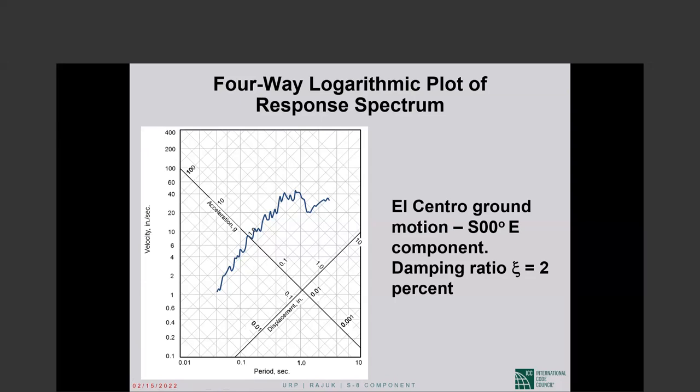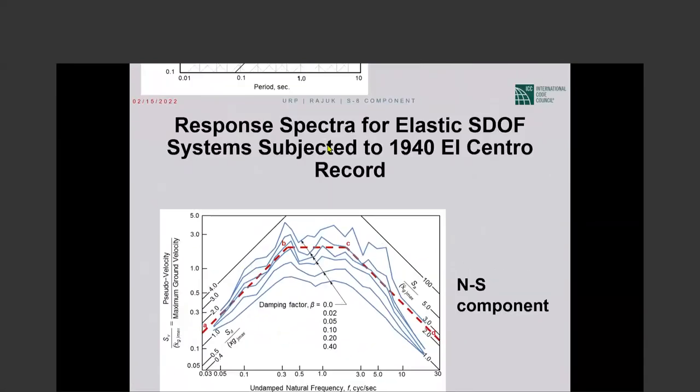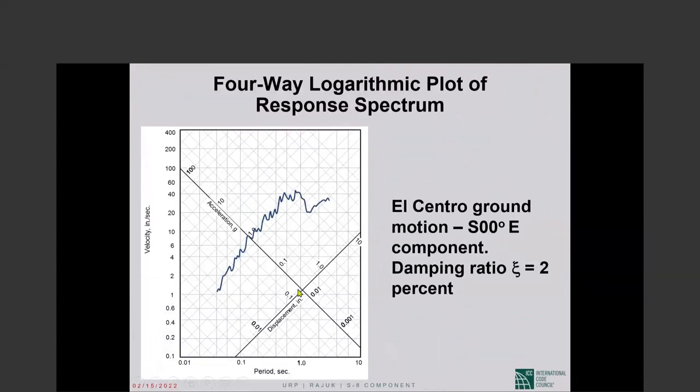And then if period is on the x-axis, this diagonal scale from left to right gives you the spectral displacements. And this other diagonal scale from right to left gives you the spectral accelerations.